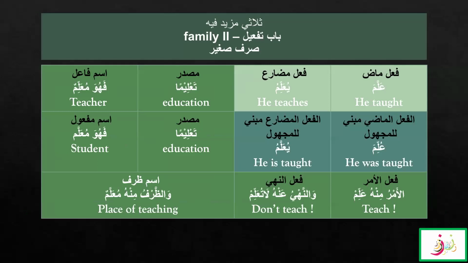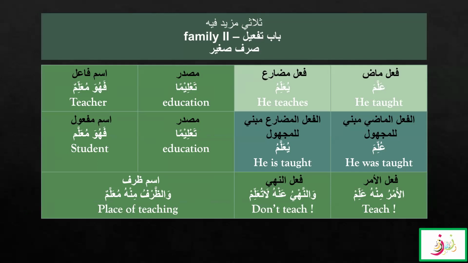Inshallah, we are going to first see the Surf Sagir charts for all the families. We'll have a recap of our surf studies, of how we did the Fa'il Madi Mabni Lil Majhool chart. What is the difference? How to recognize Fa'il Madi Majhool for all the families, because it is related to the Fa'il study.